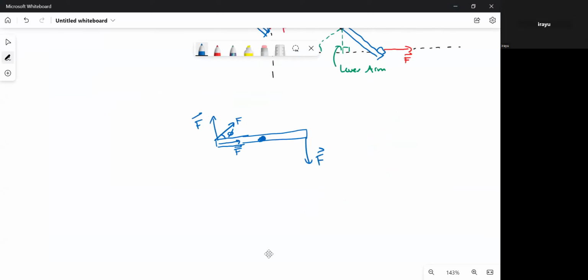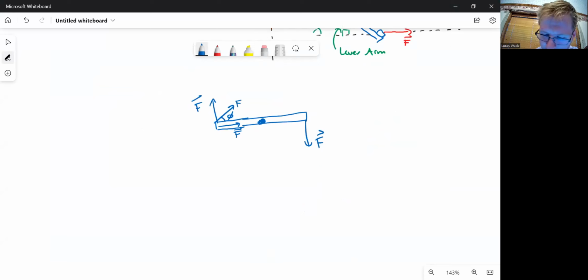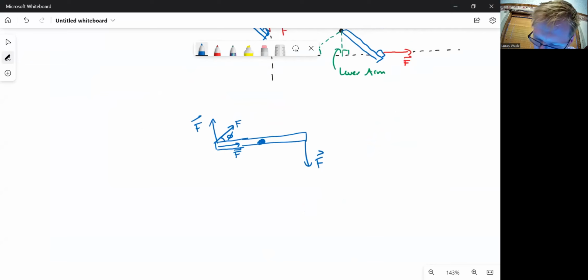Yeah, sorry. Okay. So it's asking, of these 3 possible choices for the force over on this side, which one in combination with this force over on the right is going to produce the greatest net torque. So it may seem like it's going to be the 90-degree force.